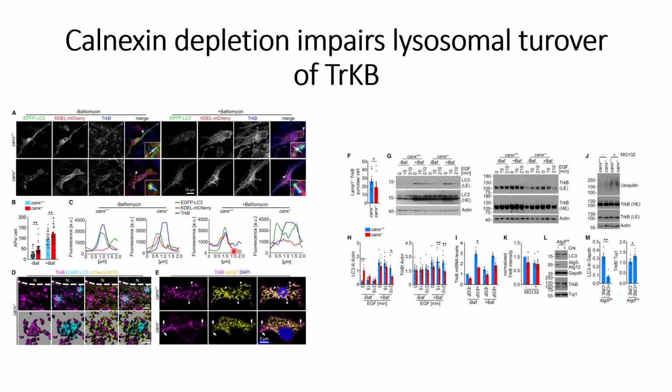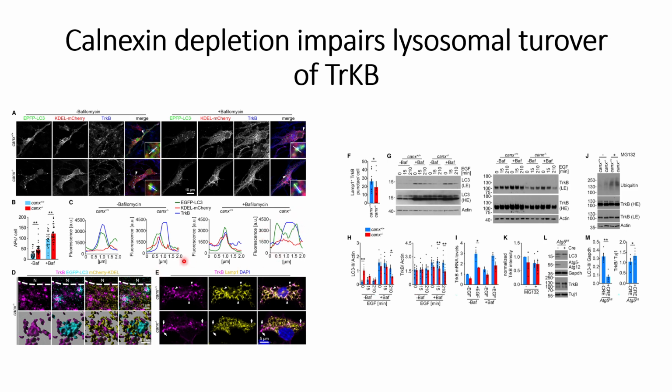So this indicates that autophagosomes are increased when autophagy inhibitors are used in wild type cells. However, in the calnexin depleted cells, this is not the actual scenario. Instead, they see that some LC3s are just close to the TrkBs.